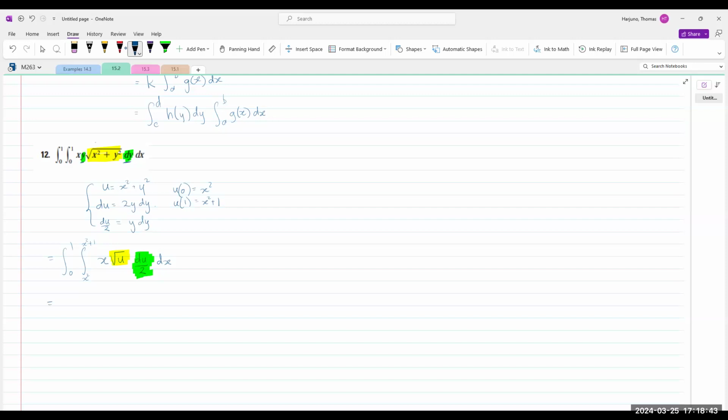Now when I integrate this, oh, the coefficient 1/2, let me just pull that all the way out to the very front. u to the power of 1/2. When I integrate that, I will get 2/3 u to the power of 3/2, right? From x squared to x squared plus 1 dx.